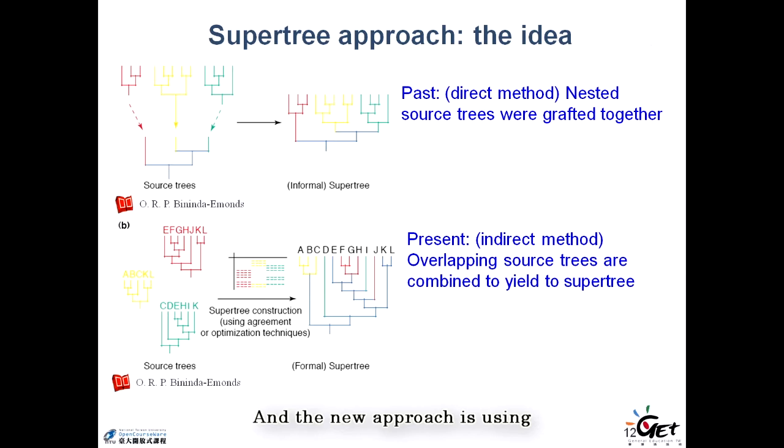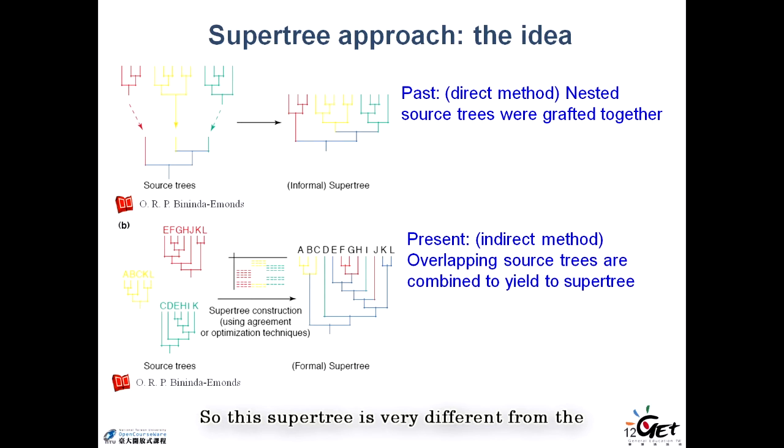And the new approach is using the so-called supermatrix. The new supertree approach is to combine the 3 different topologies into a new data matrix with some missing data and state the relationships, and it will give you a new supertree.